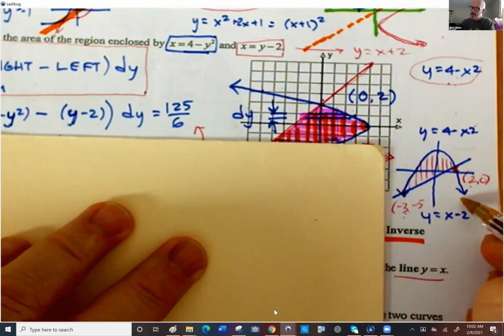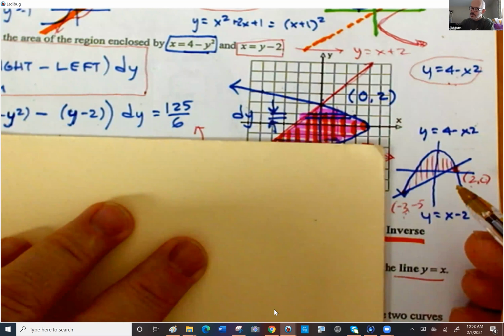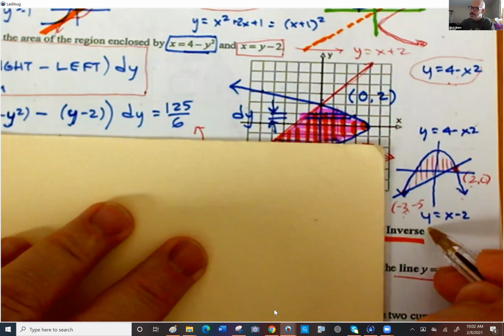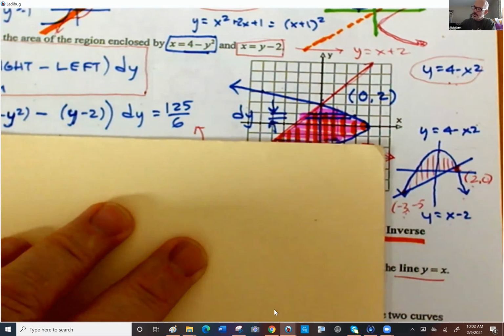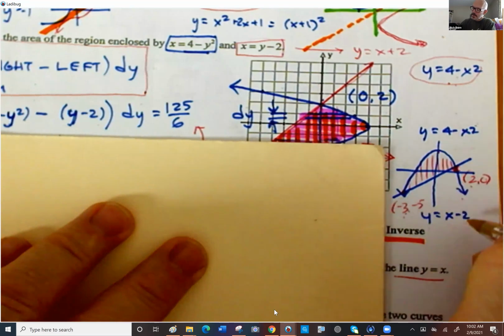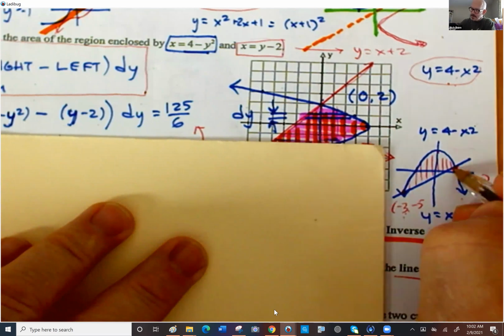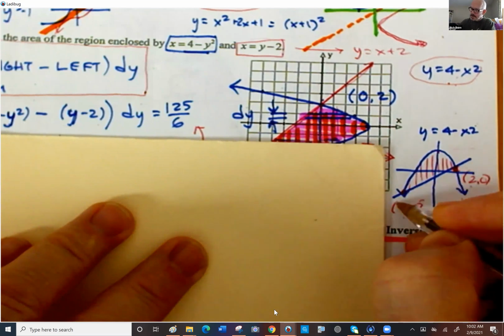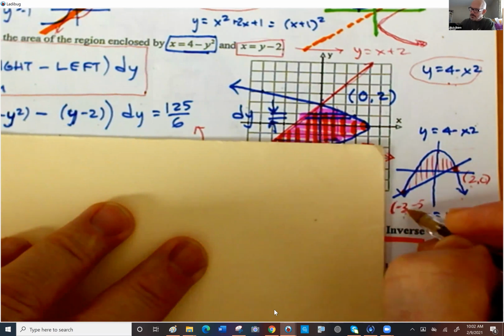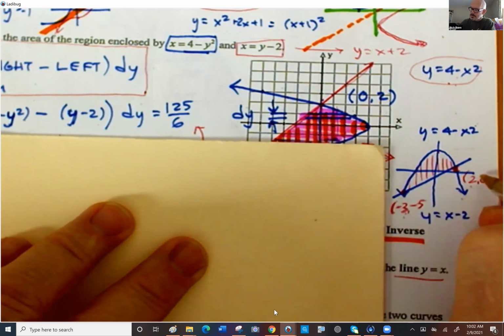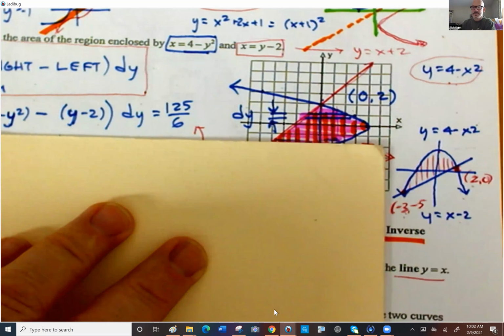And switching these around, I got the equation y equals x minus 2. So the y-intercept is here at -2 and it has a slope of 1. They intersect each other at -3, -5, and at 2, 0.